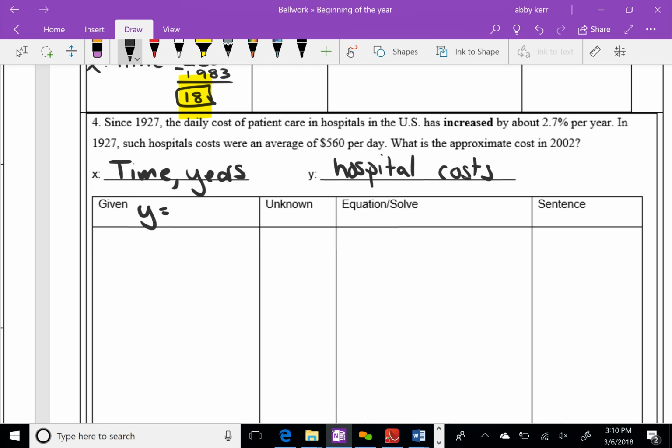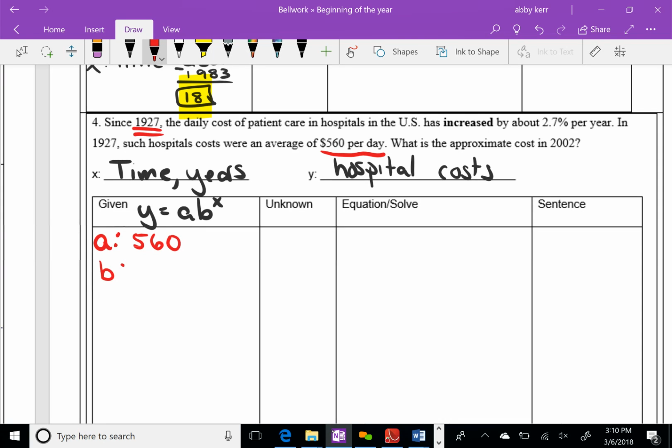Now, just like number 3, we're going to rewrite our a times b raised to the x power. Our a value is our starting. So since we care about 1927, we want to know the starting value of those daily costs, and that was $560.